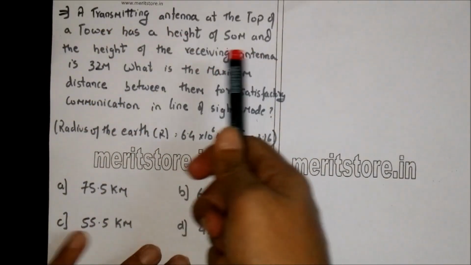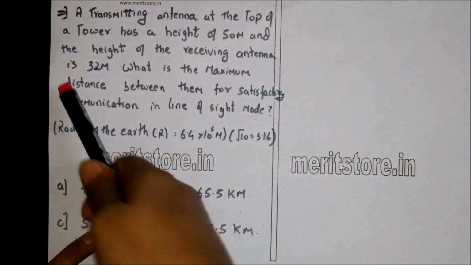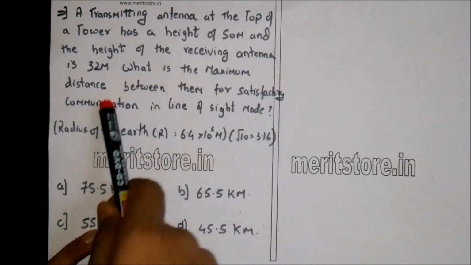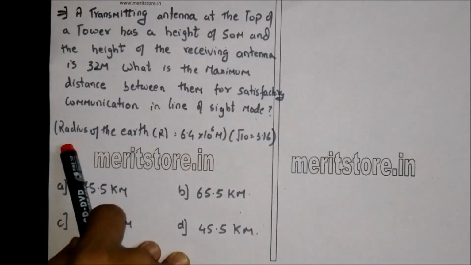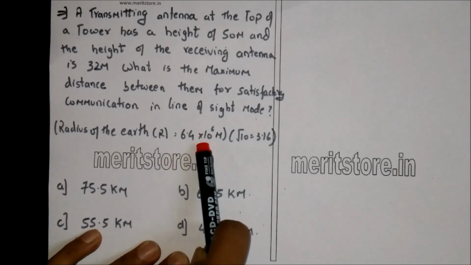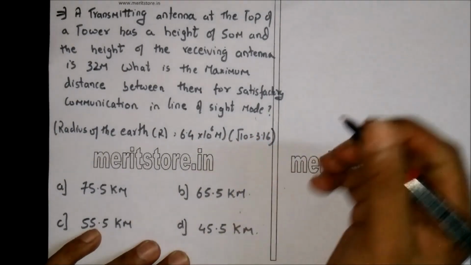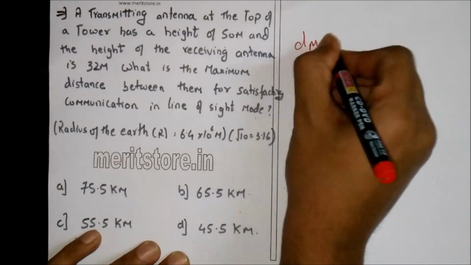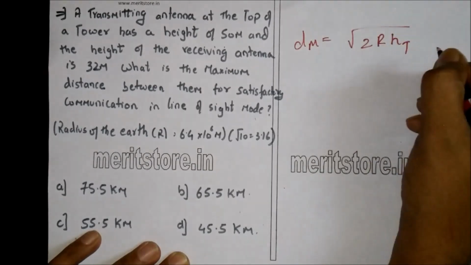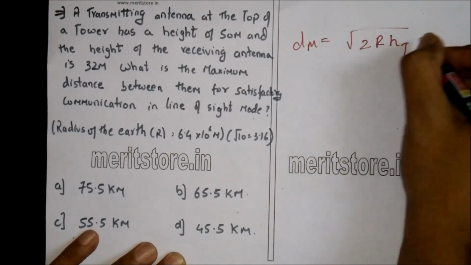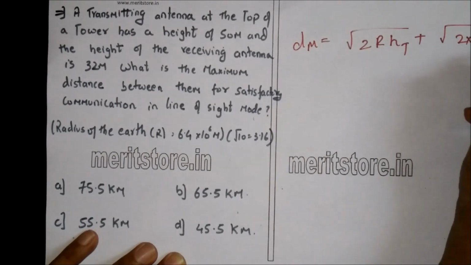Transmitting antenna at the top of a tower has a height of 50 meters and the height of the receiving antenna is 32 meters. What is the maximum distance between them for satisfactory communication in line of sight mode? Here the radius of the earth is given as 6.4 into 10 raised to 6 meters and root 10 shall be taken as 3.16. Now the maximum distance dm will be equal to root of 2R into ht, where ht is the height of the transmitting antenna, plus root of 2R into hr, where hr is the height of the receiving antenna.